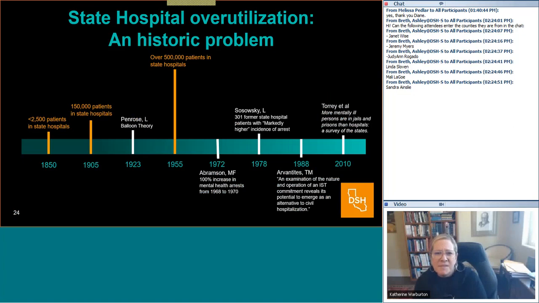Overutilization of state hospitals is a historic problem, not just in the United States, but all over the world. Over-institutionalization, under-resourcing, and overall neglect of people who have serious mental illnesses is cyclical throughout history.